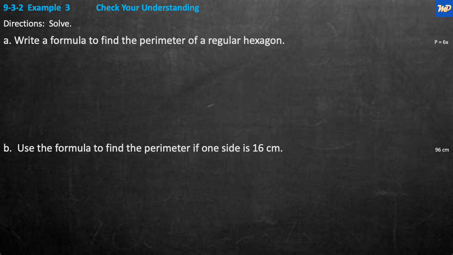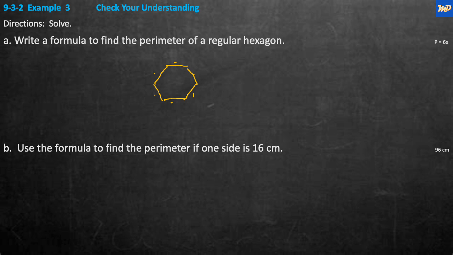We'll finish this section with this slide. Okay, now that you're back, write a formula to find the perimeter of a regular hexagon. So what is a hexagon? A hexagon is, so we're going to 1, 2, here's this one, and we got a side over here, and a side here, and a side here. 1, 2, 3, 4, 5, 6.